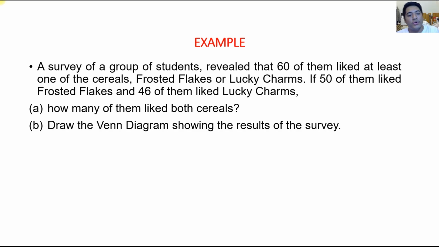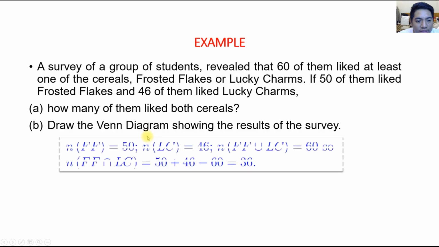Okay? So, we're going to solve this by this. The number of elements of Frosted Flakes is 50, as stated. And the number of Lucky Charms is 46, as stated.